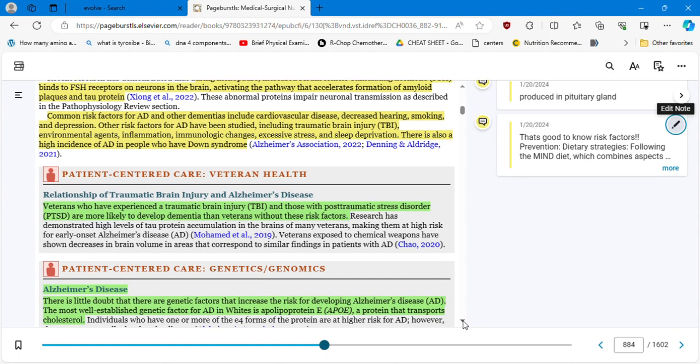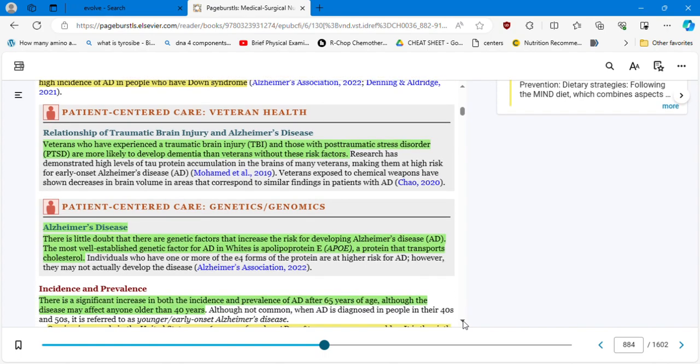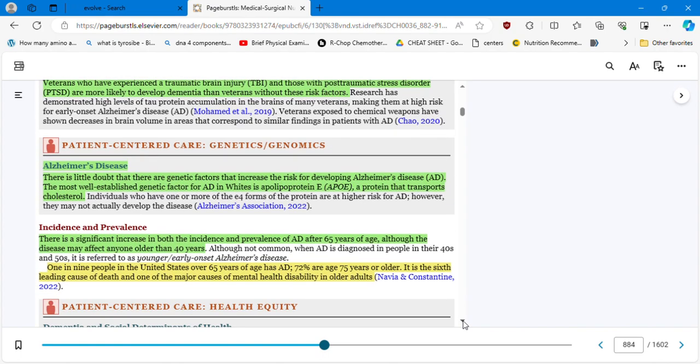Please read on your own this patient-centered care related to veteran health, and also the genetics, especially because here they are mentioning one genetic factor named apolipoprotein E, which is a protein that transports cholesterol, okay? This is not covered by your insurance, but you can pay extra to see if you have the genetic factor, right?